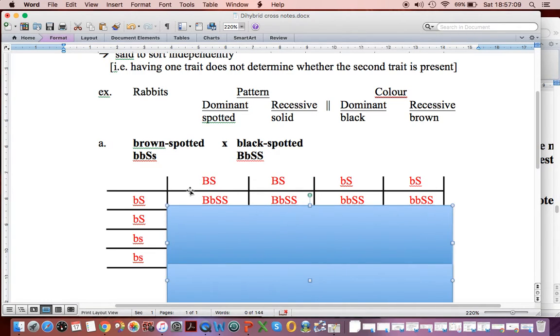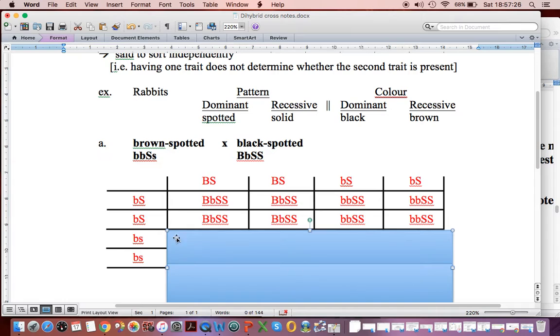Because you look above and left, and you go big B, little b, big S, big S. Big B, little b, big S, little b, big S, big S, little b, big S, big S. And then we do the same thing next row. And it turns out to be identical because it's identical crossings.